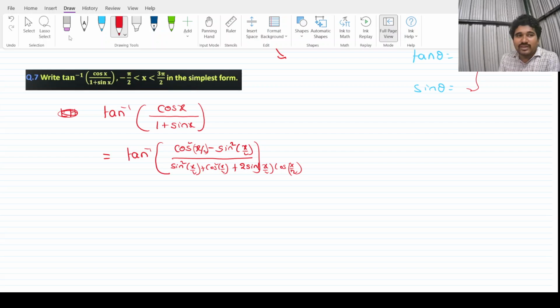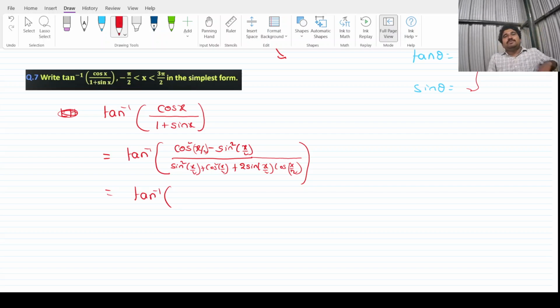Yes or no? 2 sin x by 2 into cos x by 2. Correct? Now observe, numerator don't touch, as it is you write. It is like a square minus b square.